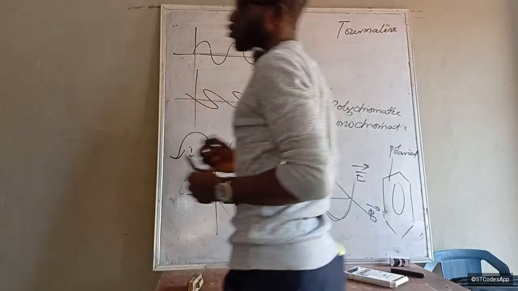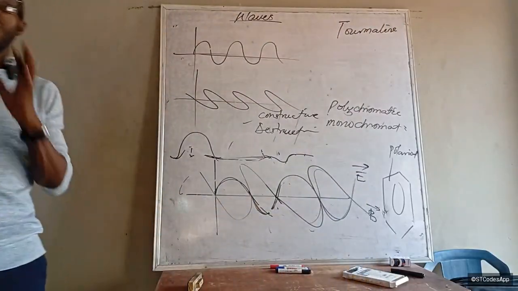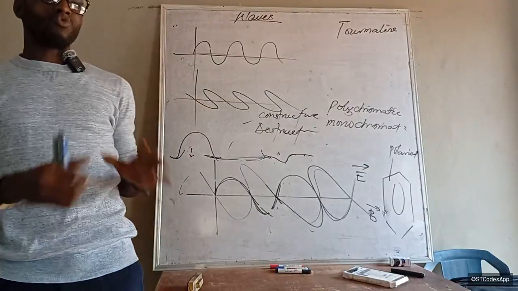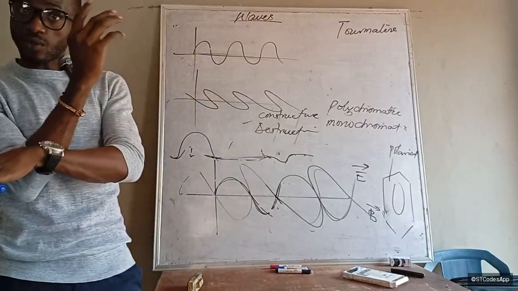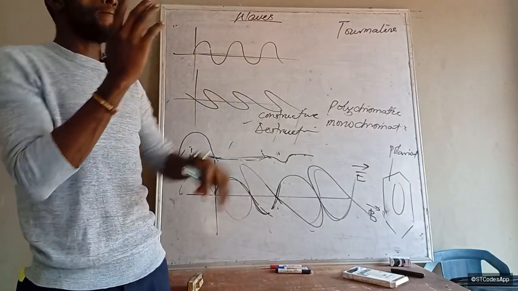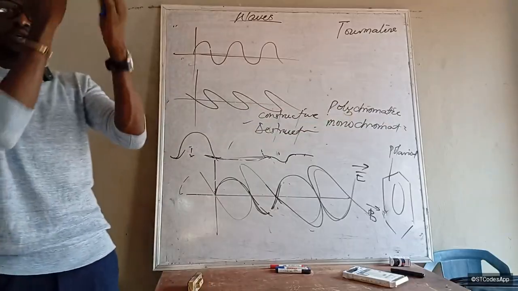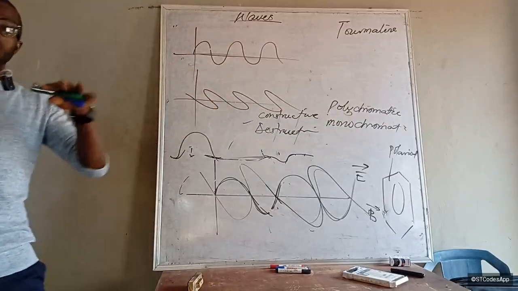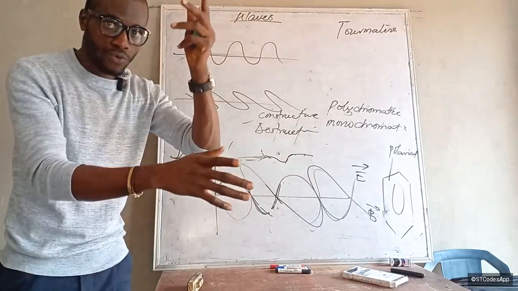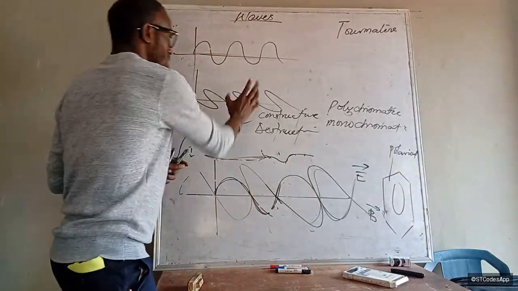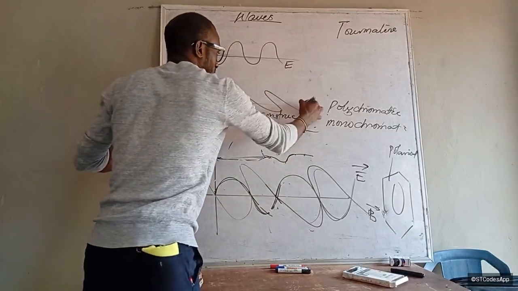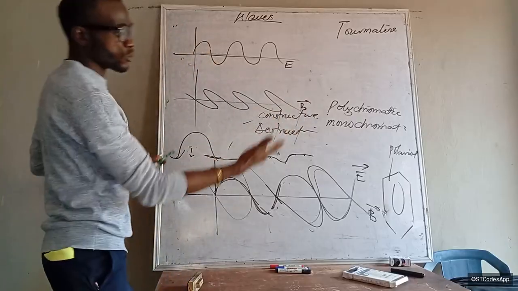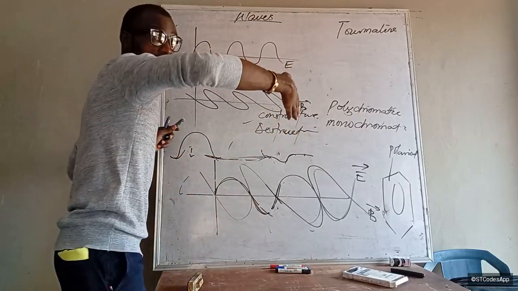Now actually, let me tell you the use of polarization. Polarization causes a wave that is transverse to be absorbed, so that one part of the spectrum is absorbed and the other is allowed to pass through. Meaning that if I want the magnetic field to pass through, how do I position my polaroid? Like this, right?